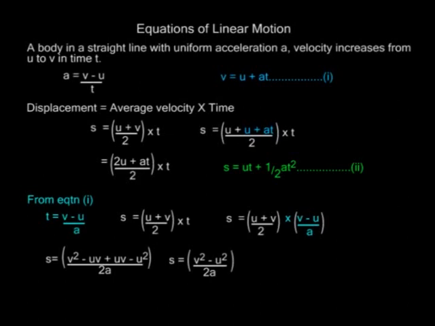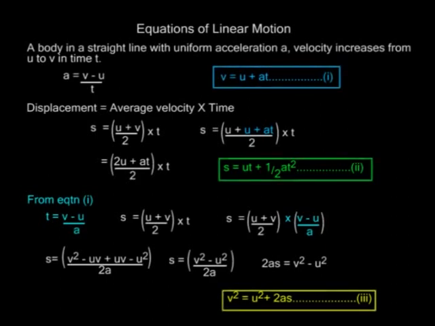Then when we do cross multiplication, we shall have 2as is equal to v squared minus u squared. Making v squared the subject of the formula, we shall have v squared is equal to u squared plus 2as, and we call that equation 3.